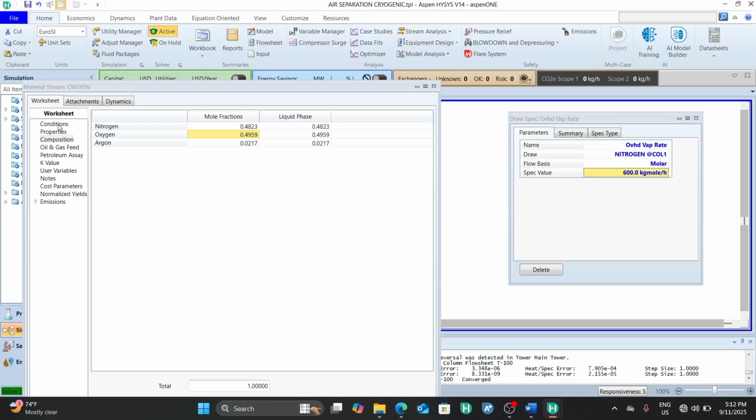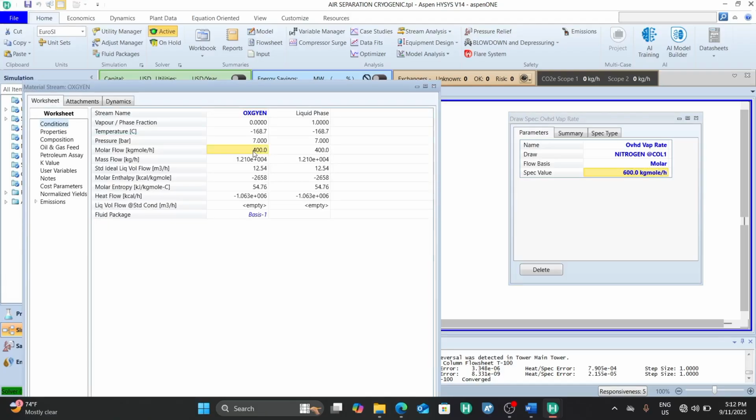All right, 600 makes us have a 400 for our oxygen. Mind you, the more we reduce our vapor rates, the more the recovery rate of our nitrogen is affected. It's dropped basically, so we need to check the recovery rate of our nitrogen after we meet the benchmark of the oxygen.